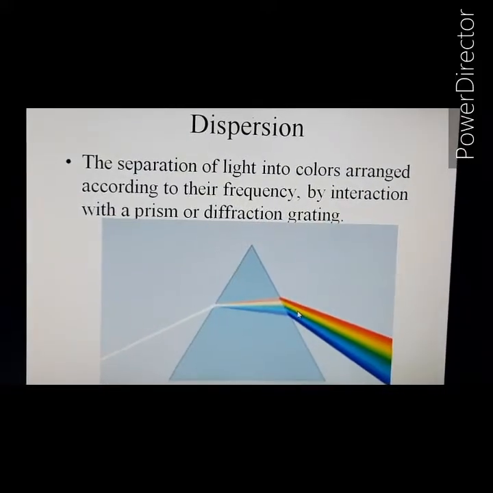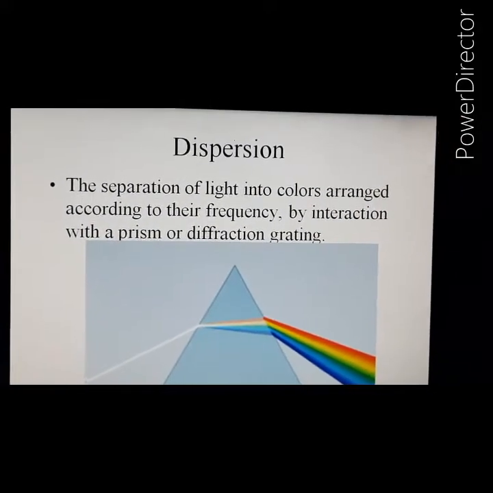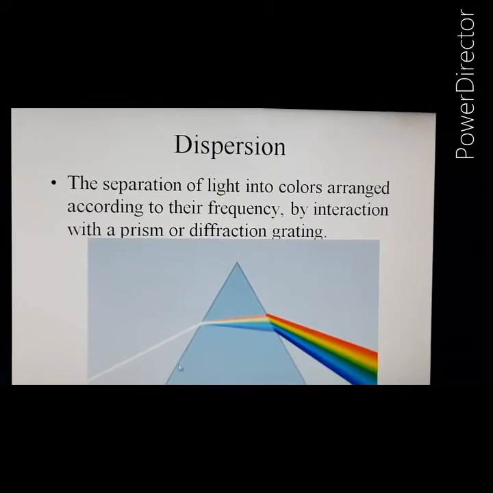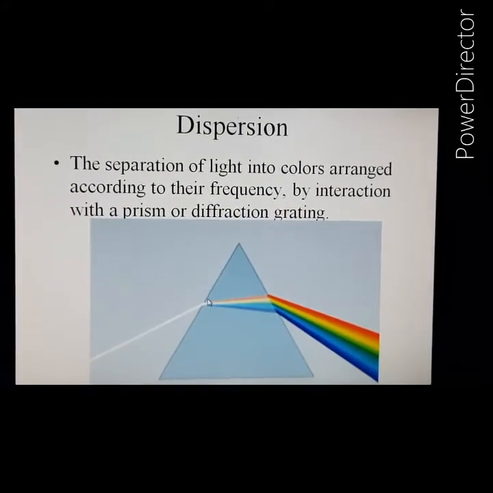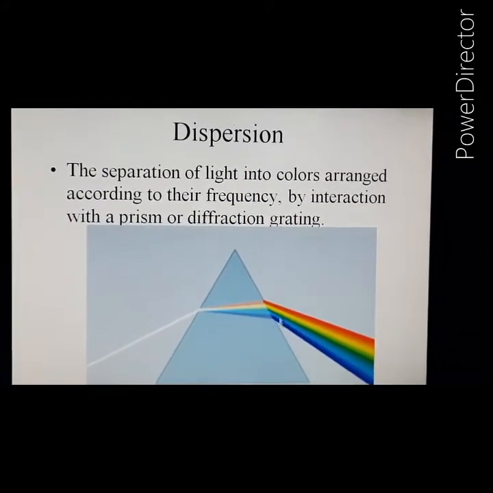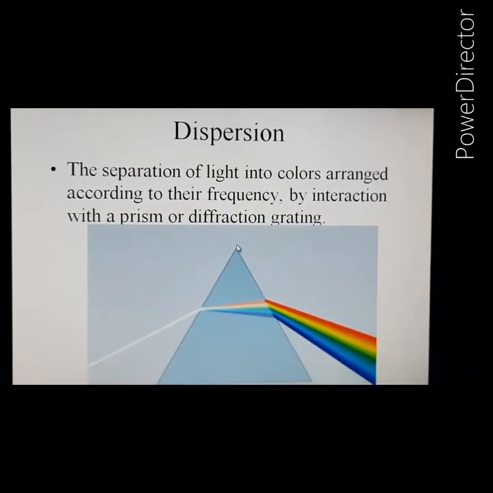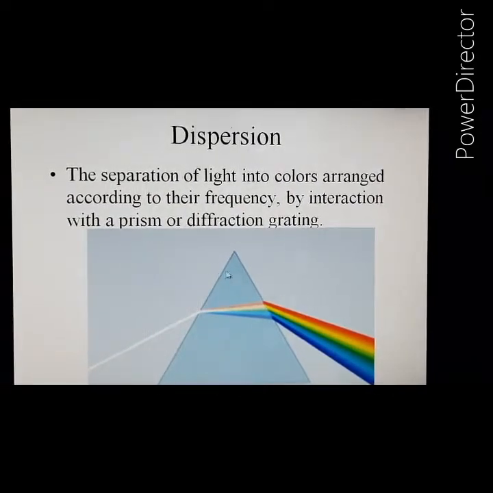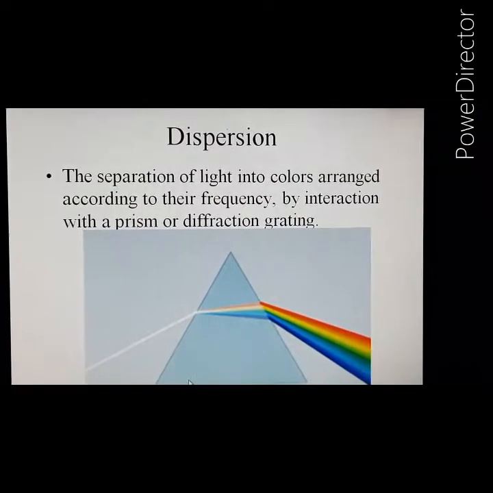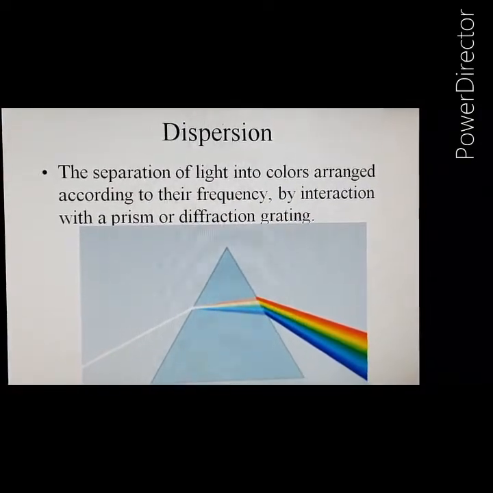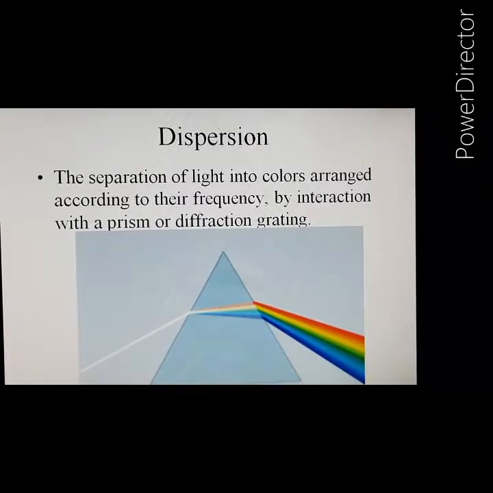In the same way, whenever light passes through a prism, you can see the prism here. This is also part of refraction, but through a particular dimensional object, here in triangular form, an equilateral triangle.